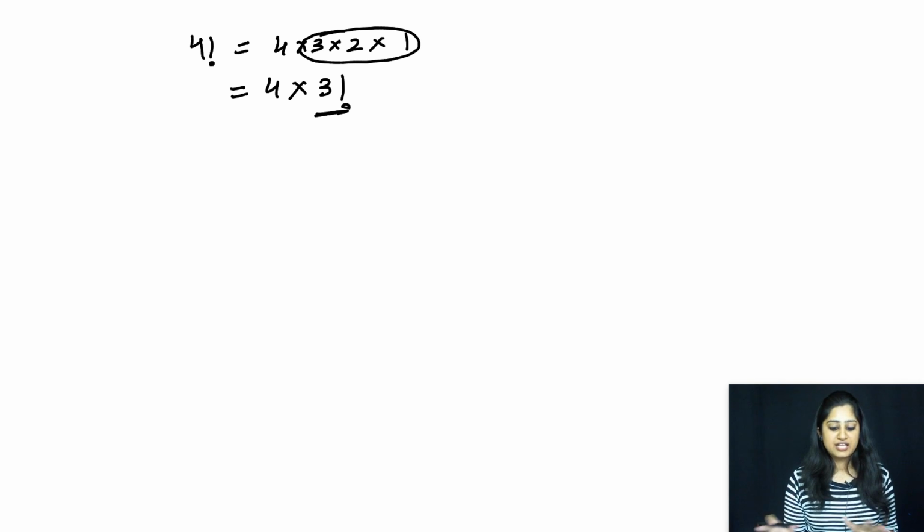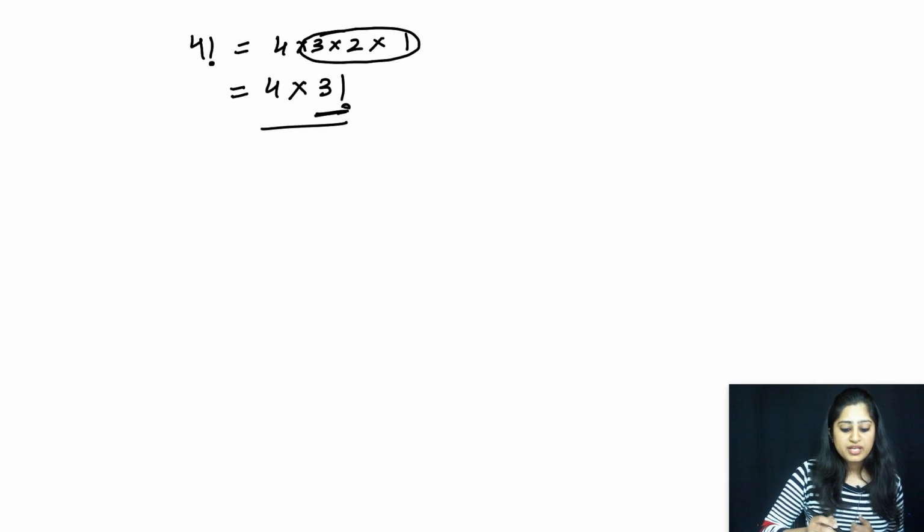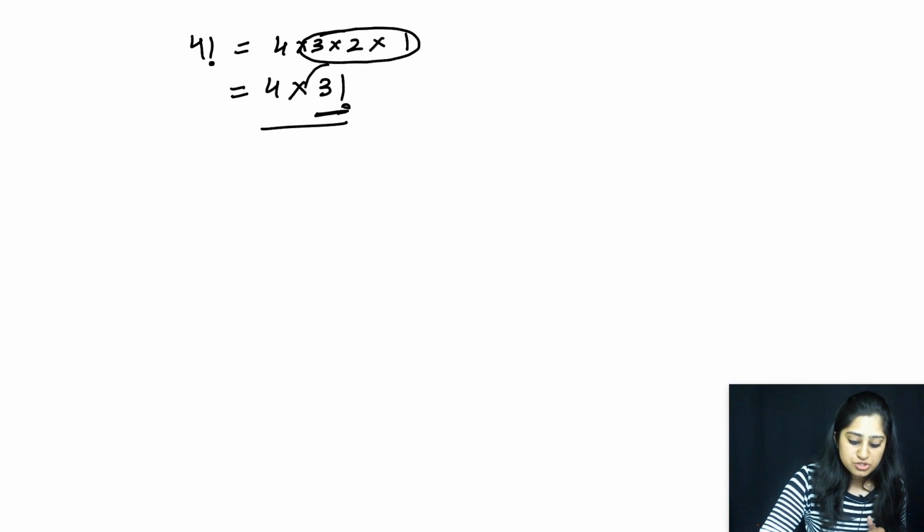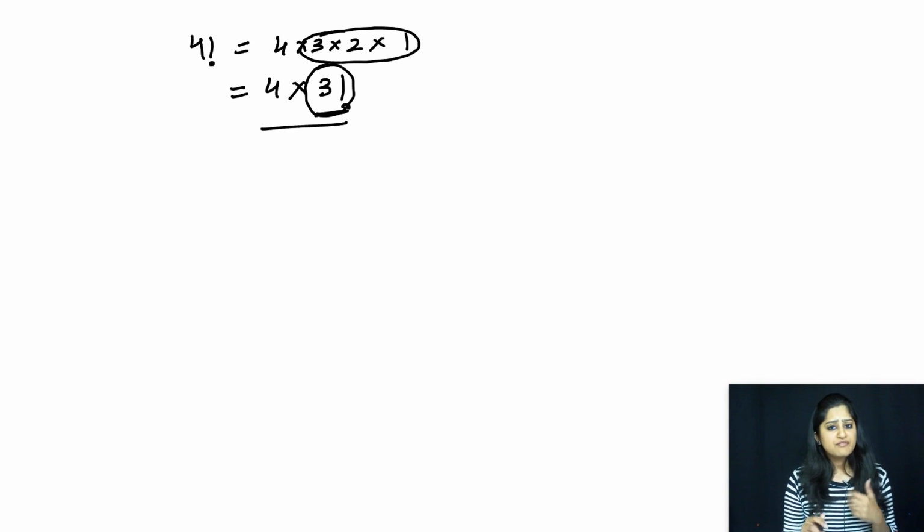I just have to multiply it with 4 and I will have the answer. Our original problem was to calculate 4 factorial, and by writing this, I am saying the solution to my original problem, which was obviously bigger in size, depends on the solution to a problem of the same nature.